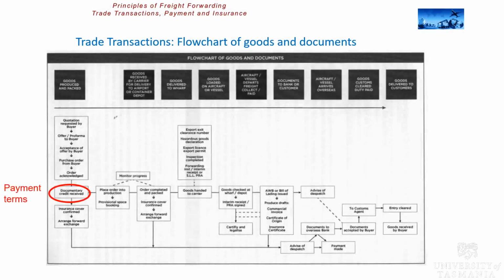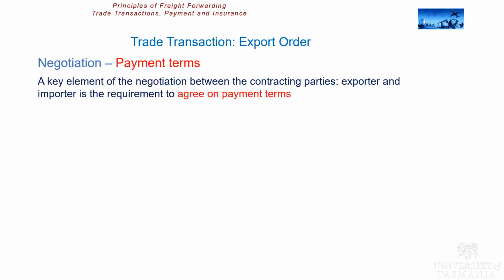Okay, now once the export order has been received, be mindful that during that process, that agreement to get you to the export order, it's quite likely that you've already made some decisions around payment terms.